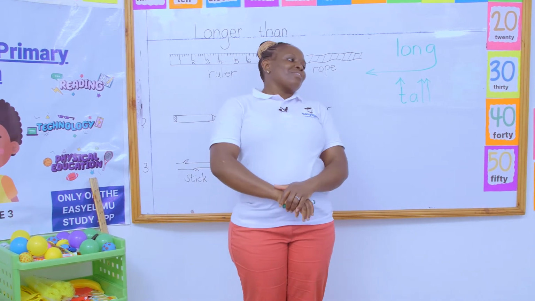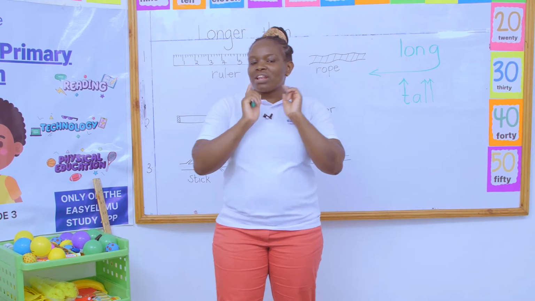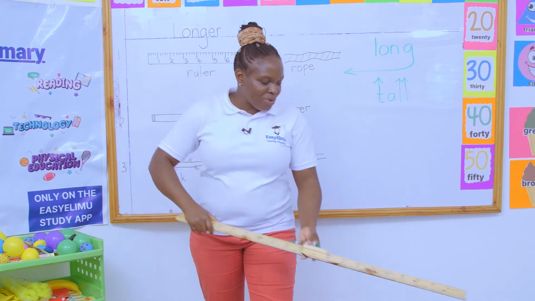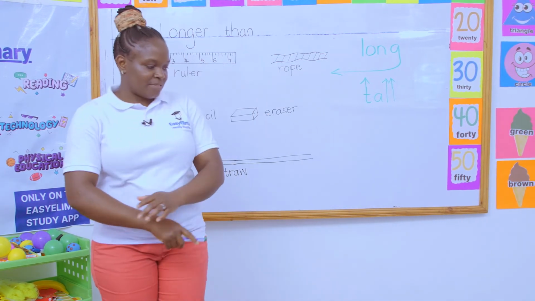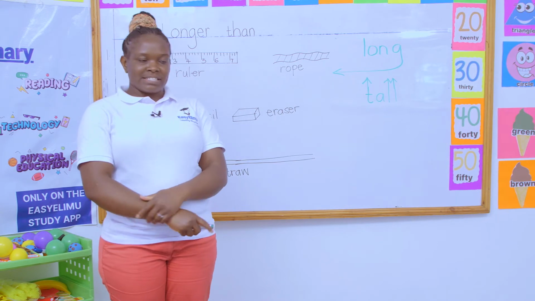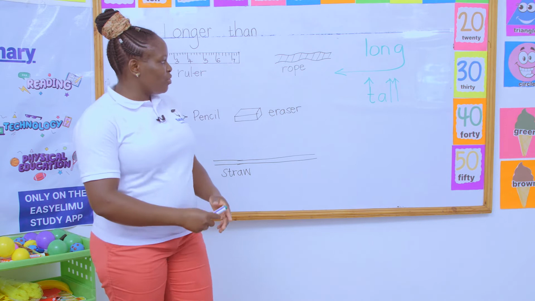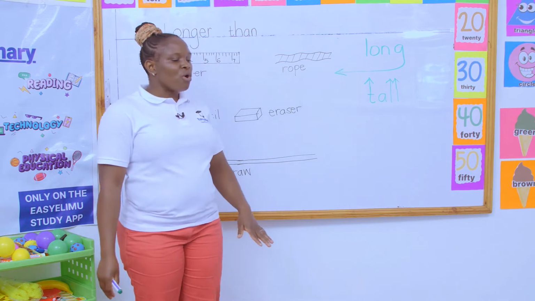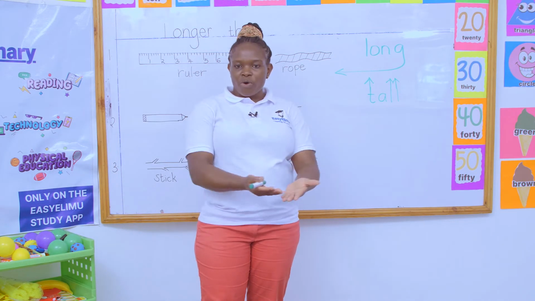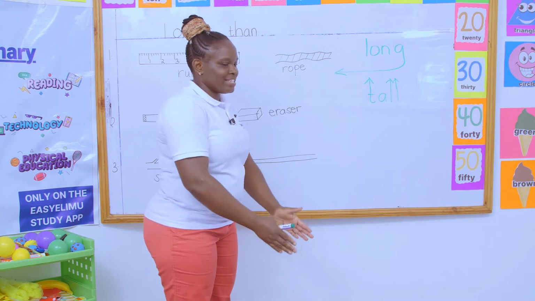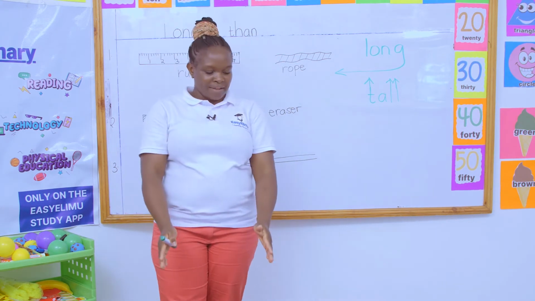Someone? The teacher is tall. You don't say the teacher is long. But when I put this ruler like this, will I say the ruler is long or tall? The ruler is long. So when you hear the word long, always refer in the horizontal manner. And when you hear the word tall, it is the vertical manner.